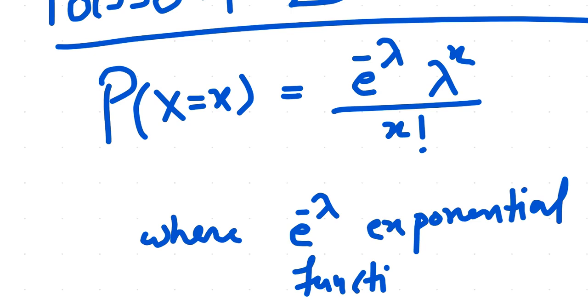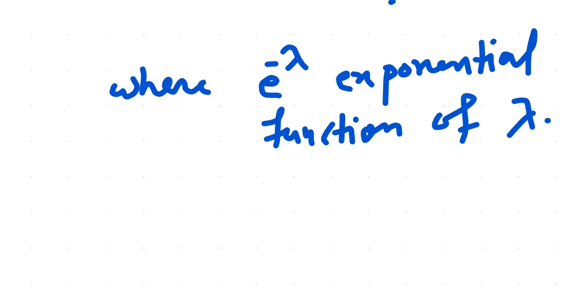Lambda is the average rate of value. They'll give you in the exam. Whenever you have this average rate of something, then you will use this Poisson distribution.